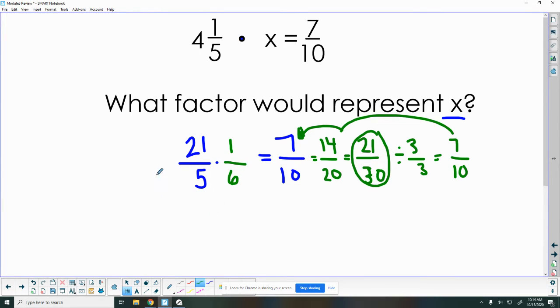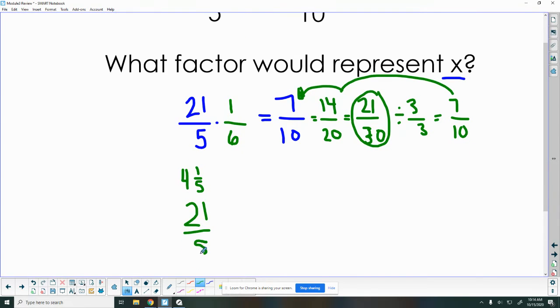So that's one way to think about it, is to find these equivalent fractions. Another way I thought about it was, I know I needed to do the opposite of times to find this number. So I can take 4 1/5, which is 21 over 5, and I'm going to divide it by the answer of 7/10, because I know I'm working backwards. The opposite of times is divide.